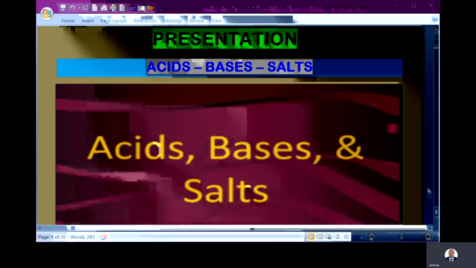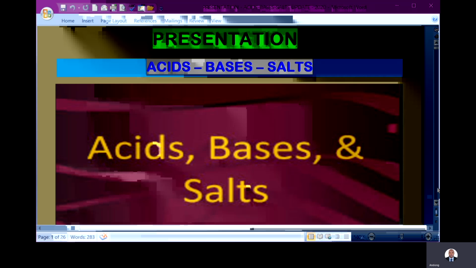You should be aware that from your previous knowledge and the last class we had, you should be able to define what an acid is, what a base is, and what salts are.